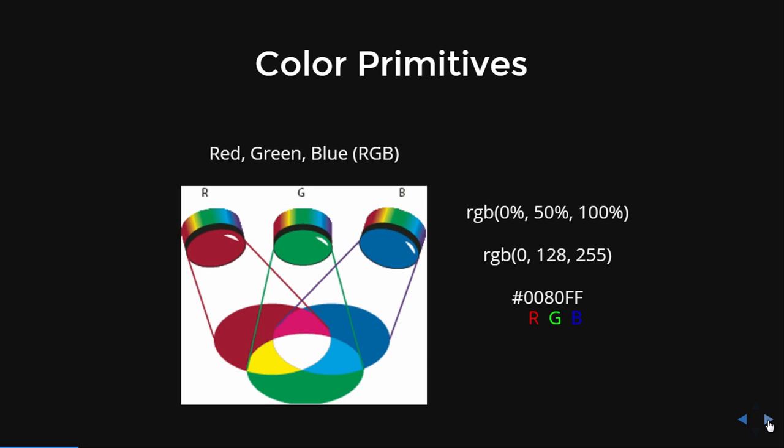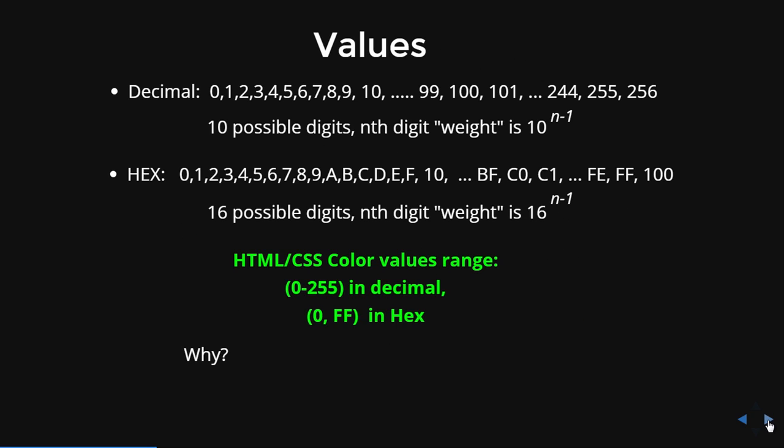So next, I'd like to talk about units and number ranges for specifying colors. So here, I'll talk about different bases to represent numbers. You may have seen this in a math class from your childhood, but we'll just do enough of a review here so that you can understand the color specs when you see them in code. So with decimal numbers, we have digits between 0 and 9, 10 digits altogether.